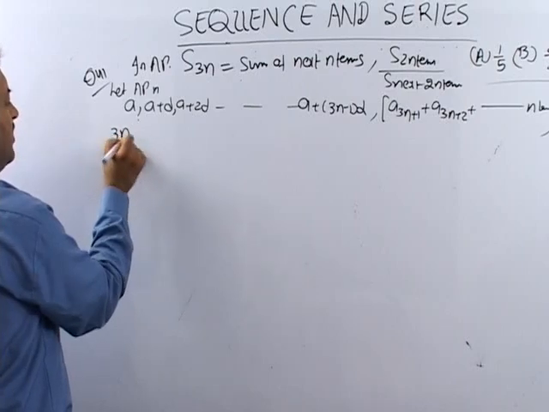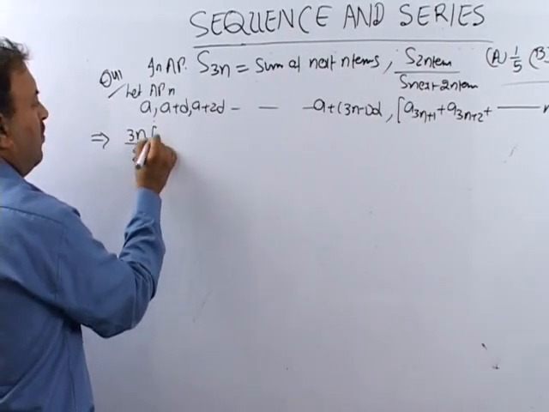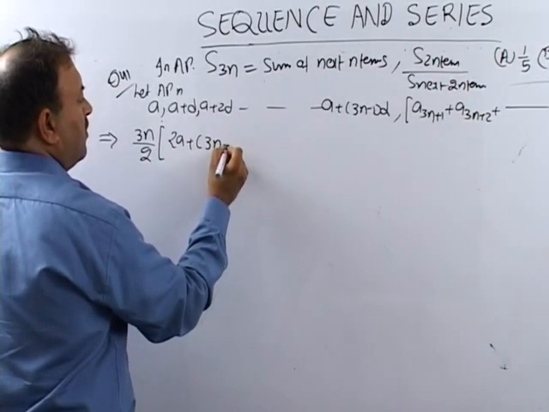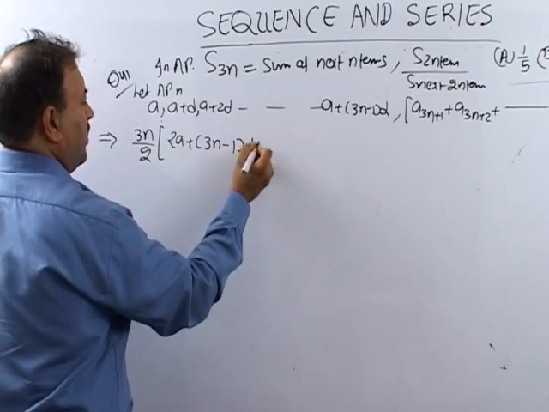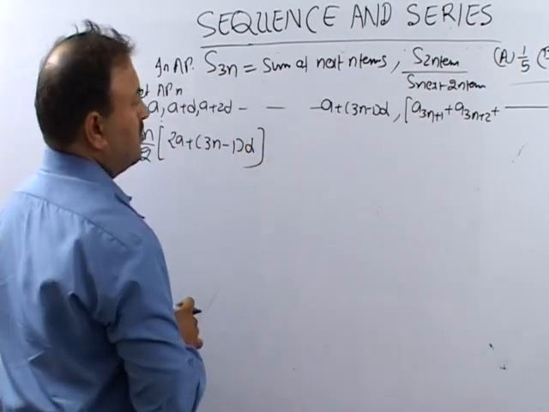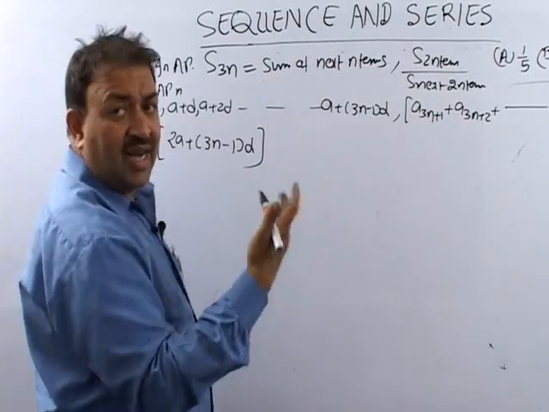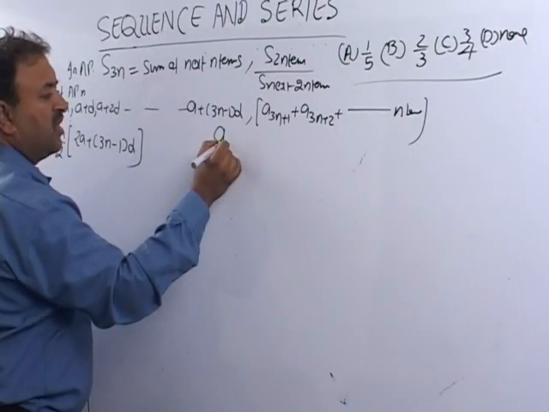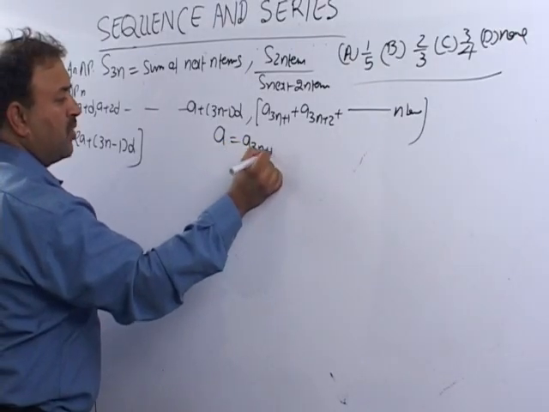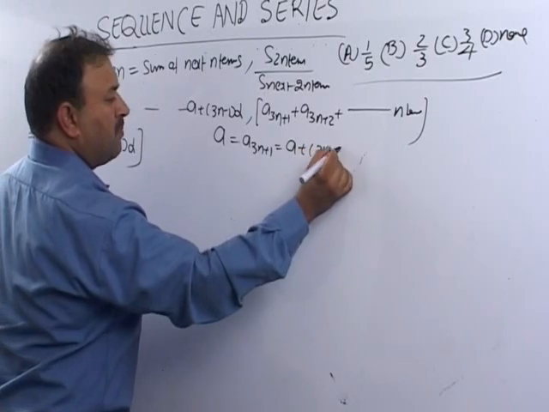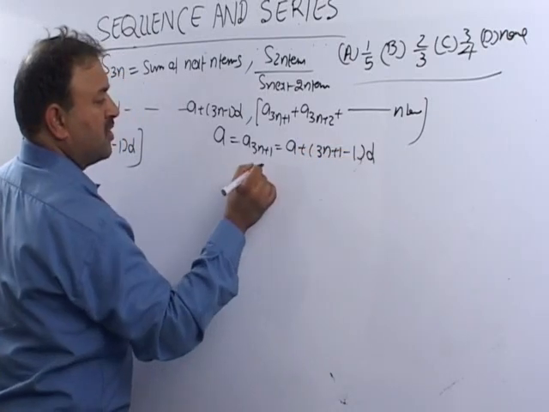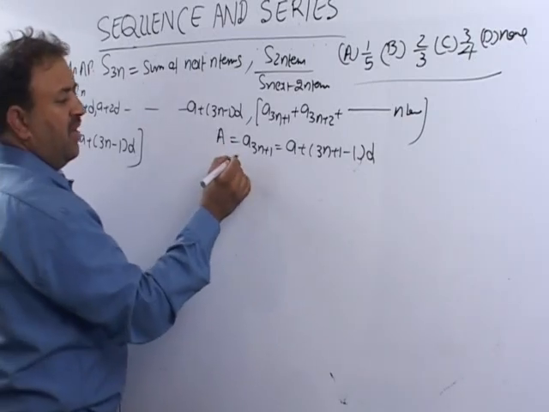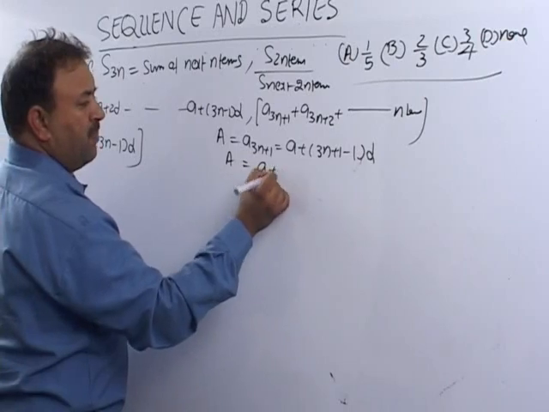First we find the sum: 3n by 2, 2a plus 3n minus 1 into d, since the number of terms is 3n. That is our sum to 3n terms. Now the sum of next n terms, after 3n: the first term is a 3n plus 1, that is a plus 3n plus 1 minus 1 d, so the first term is a plus 3nd.